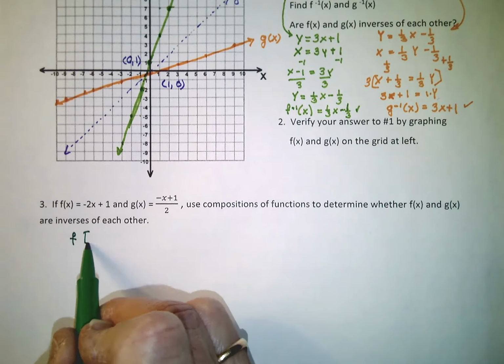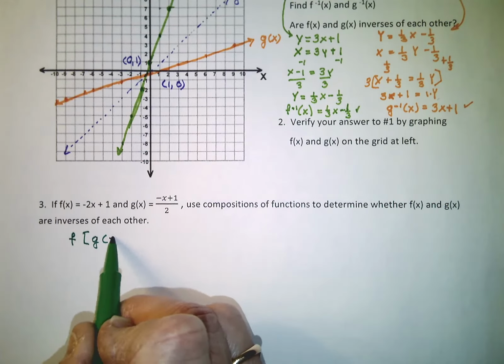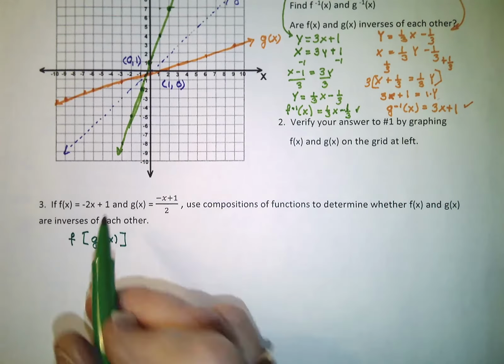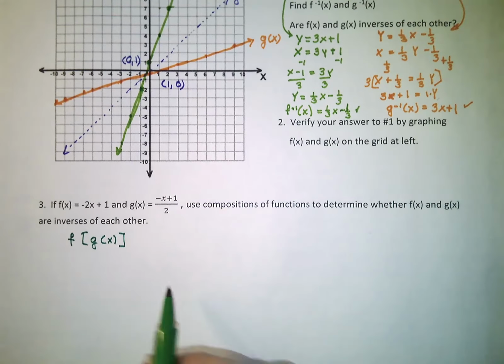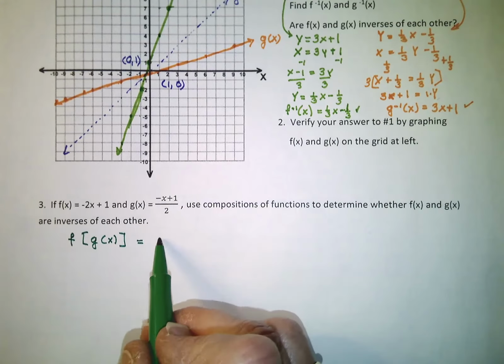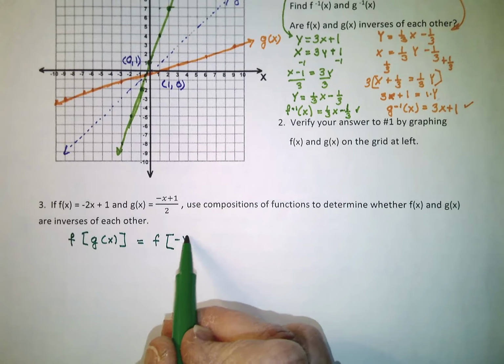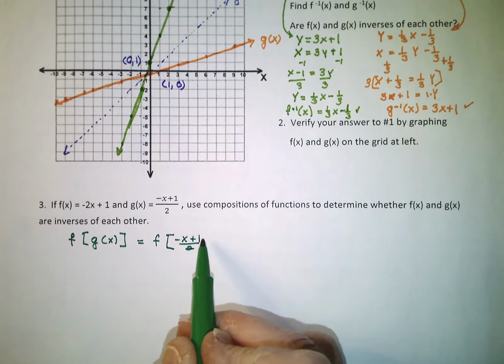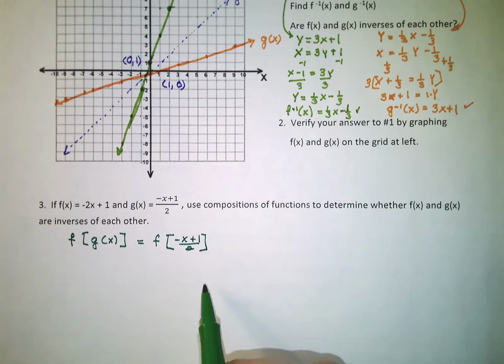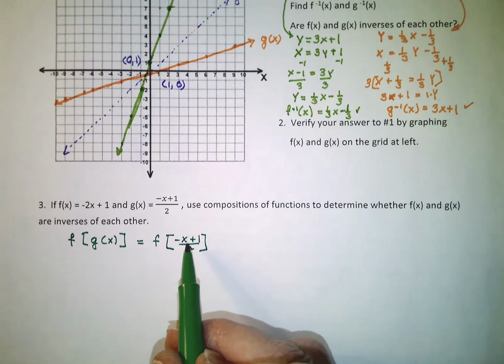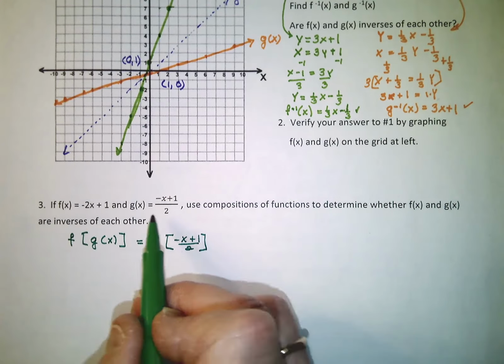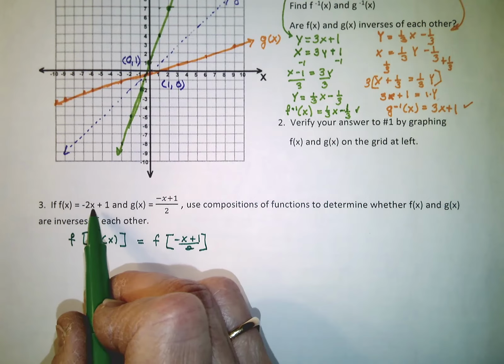Going to find f of g of x, simply because that one's listed first. So that's going to be f of whoever g of x is. And we are going to put that in the f function, right there.